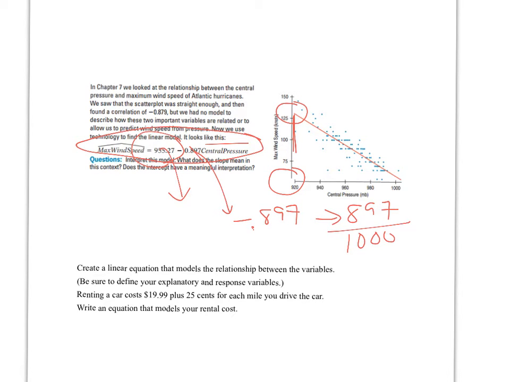So for every 897 knots that you're increasing, you're decreasing, if you think about it, this is really a negative problem. You're decreasing, this is your run, so rise over run, by 1,000 in central pressure. So again, for every 897 that you increase in knots for wind speed, you're decreasing your central pressure by 1,000. Okay? I want you to do the same thing with the second question below this.